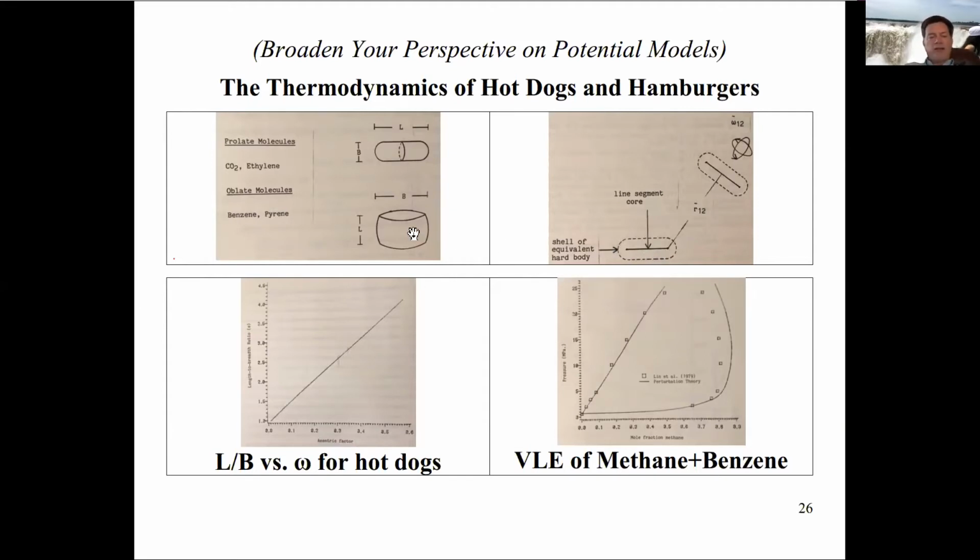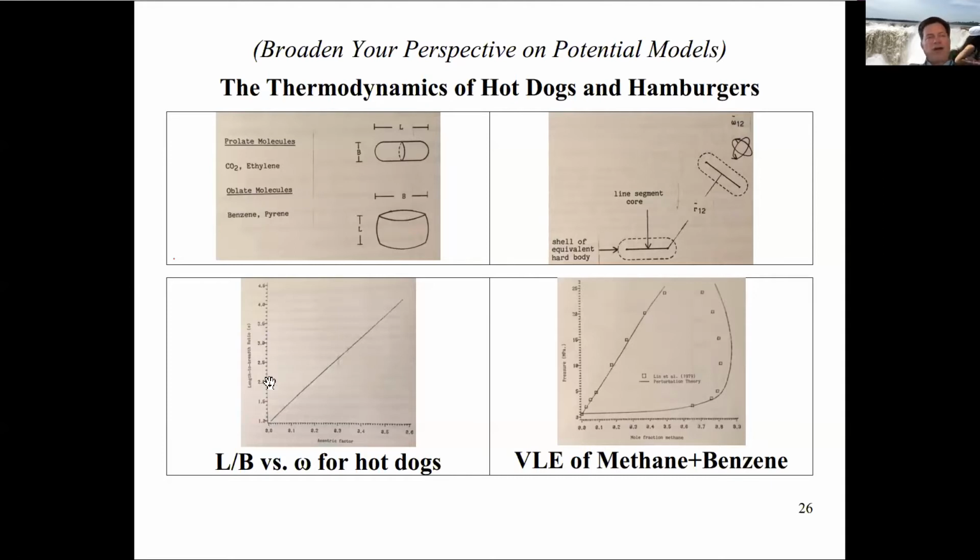If you do the same thing with a disk, an infinitely thin disk, and wrap the Lennard-Jones potential around that, you'll get a hamburger. Now we can develop the whole thermodynamics of hot dogs and hamburgers. One thing you can do is calculate the acentric factor.